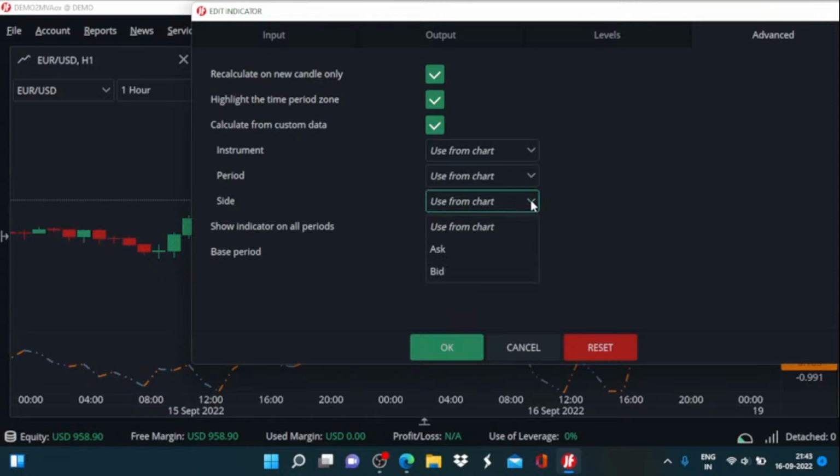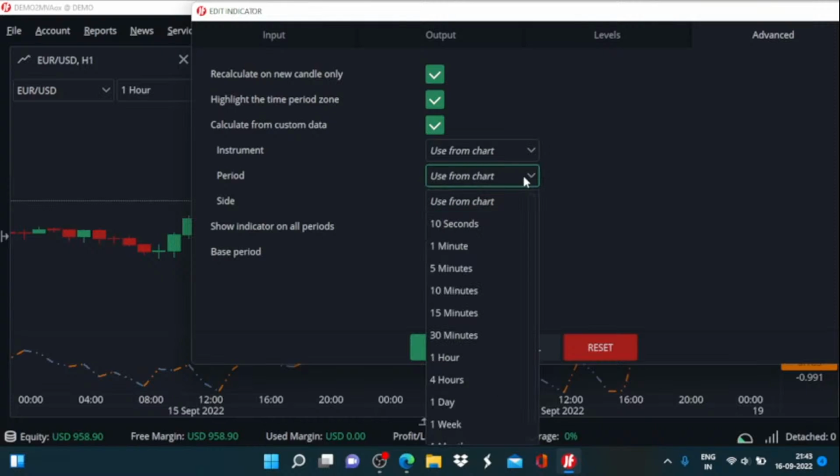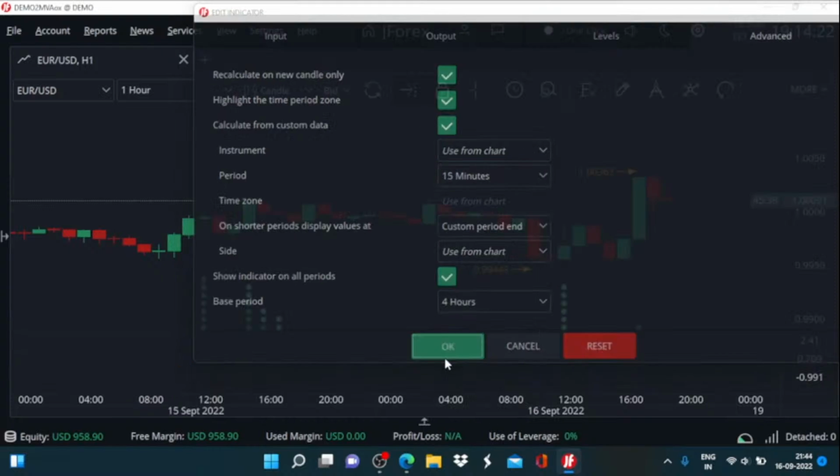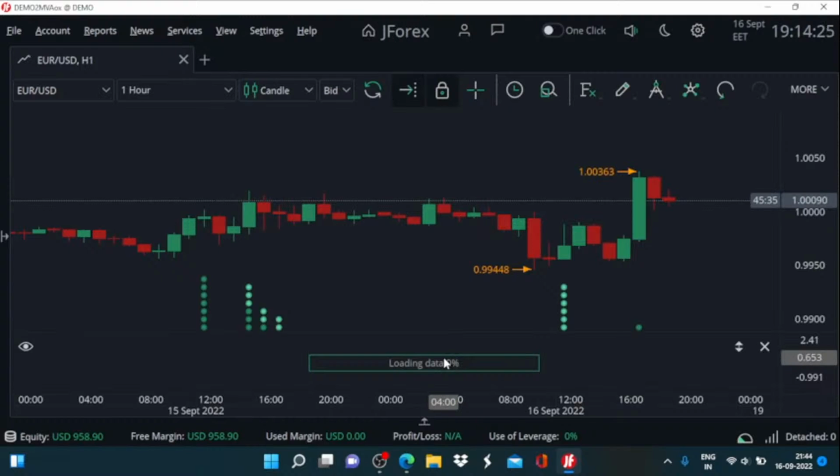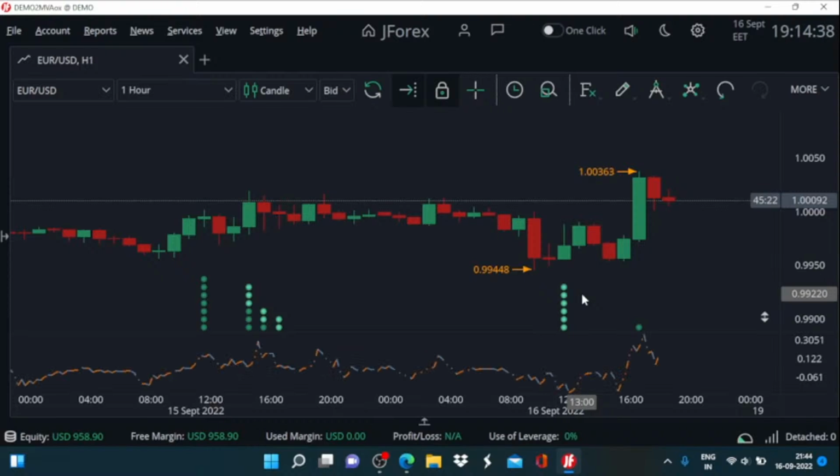You can go for ask or bid, or you can simply use it from the chart. The candle period also plays a critical role. You can use it to be the same as the chart, or you can specify a particular candle period which needs to be used for the calculation of the indicator. Regardless of the chart's candle period, the indicator will be plotted with the candle period as per what we have defined in its settings.